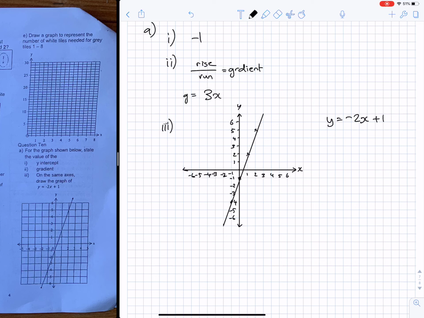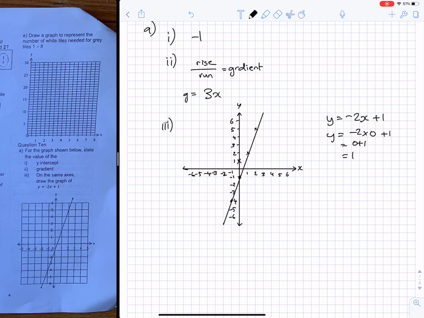And then it says draw y equals -2x plus 1. So the y-intercept, if x is 0, would be -2 times 0 plus 1, which equals 1. The x-intercept is calculated when y equals 0.